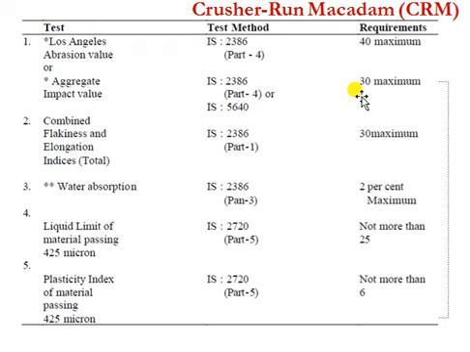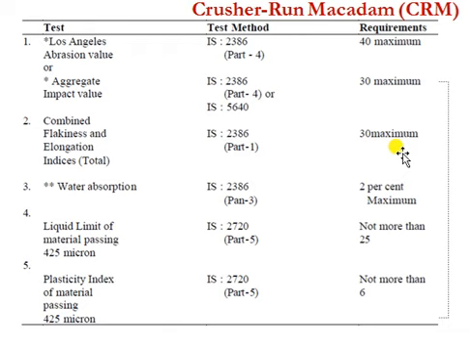If the impact value is more than 30%, then it suggests that the material is not strong or not tough. The combined flakiness and elongation index, as per IS 2386 part 1, has a maximum of 30%. It should not exceed 30%.